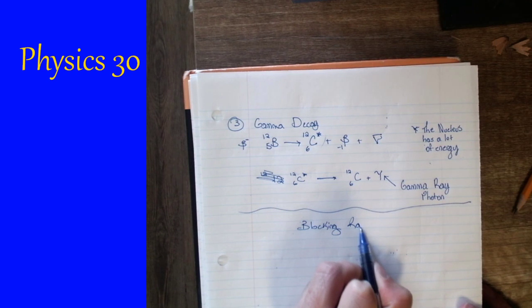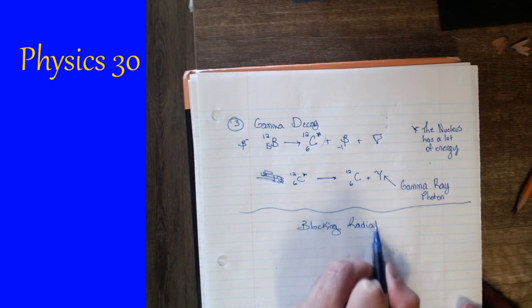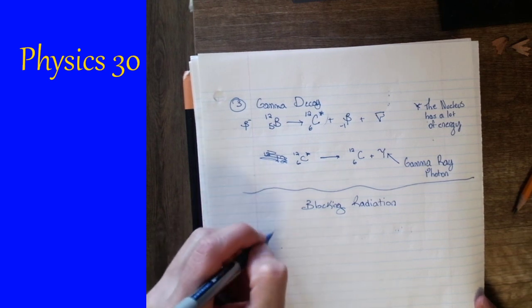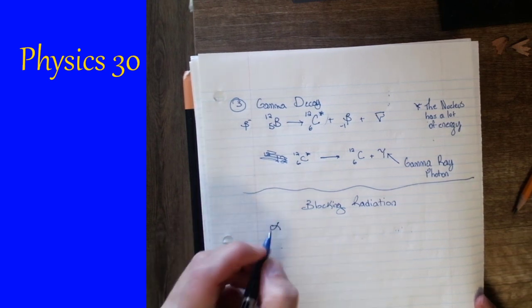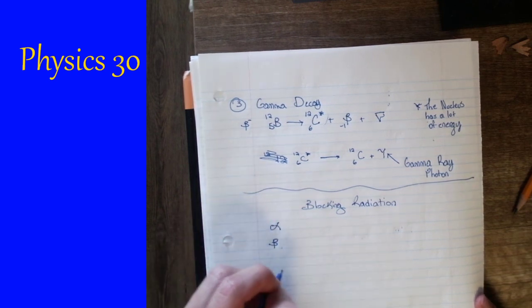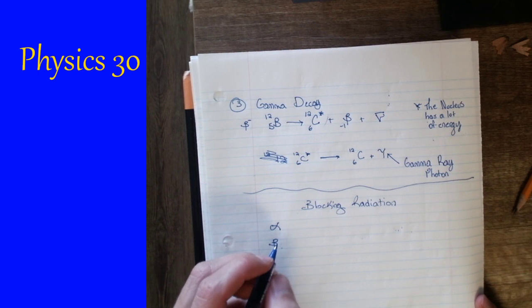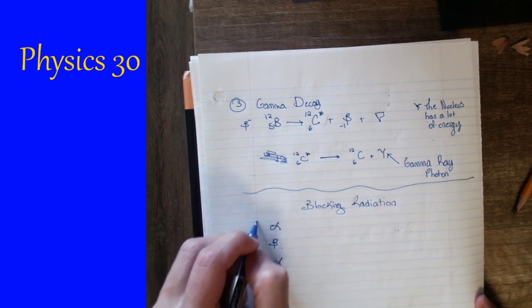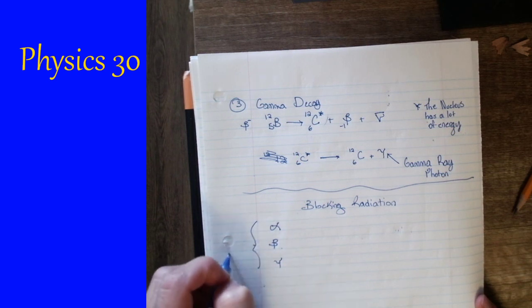So things undergo radiation, and we have to know a little bit about them. So we have alpha, we have beta, and we have gamma. And these are referred to as ionizing radiation.